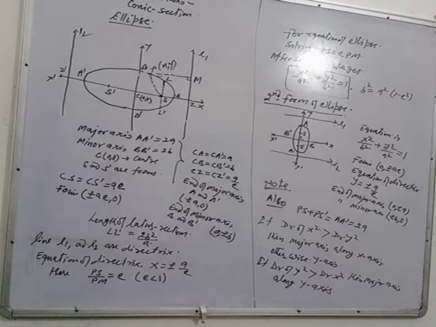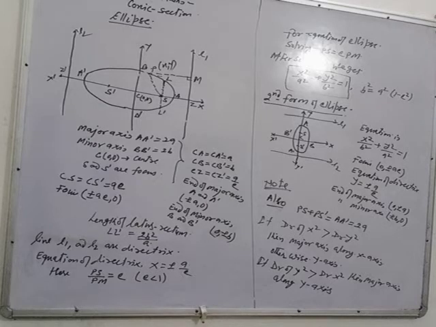So in an ellipse there are two main components, a and b. a is the semi-major axis, b is the semi-minor axis. Again listen: the distance of the directrix from the center, Cz or Cz dash, is equal to a by e. The distance of the focus from the center, CS, is equal to ae.